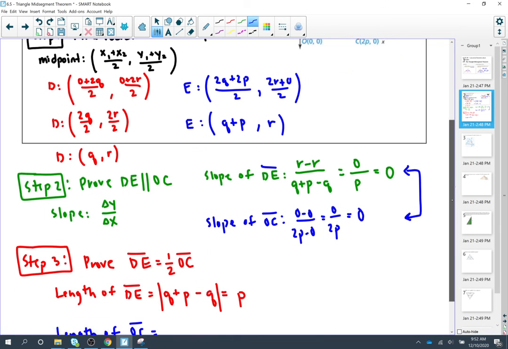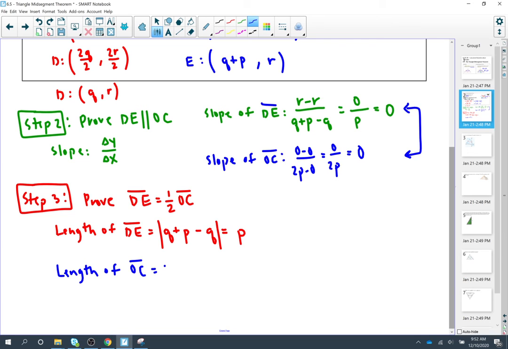Well, that's 2p. So 2p minus 0. Again, it's a distance, so absolute value, but that's 2p. And then what do you notice about the distance between p and 2p? You just have to double it. So from p to 2p, you double it, which means DE is 1/2 of OC.